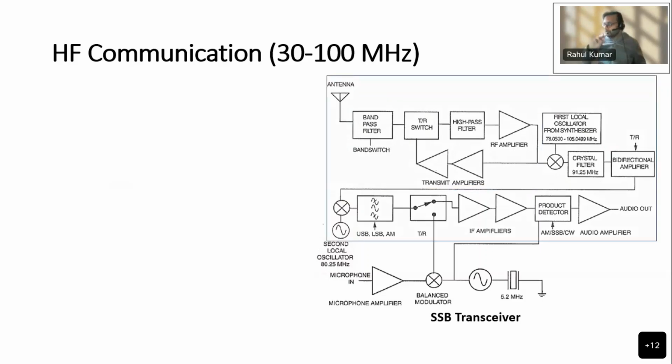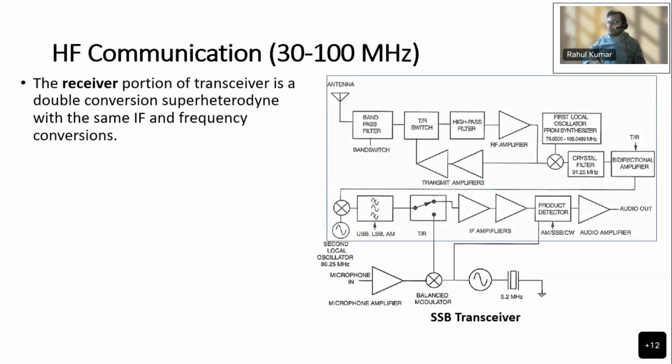Now we can use the same block for reception. During reception, the same frequency conversion is done, but in reverse order. The receiver portion of the transceiver is a double conversion superheterodyne.